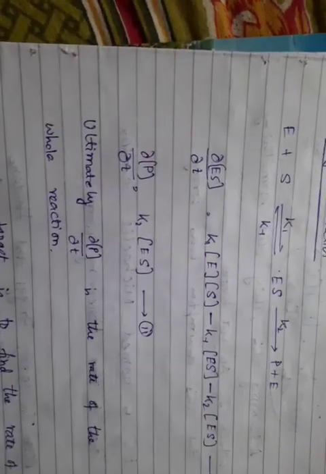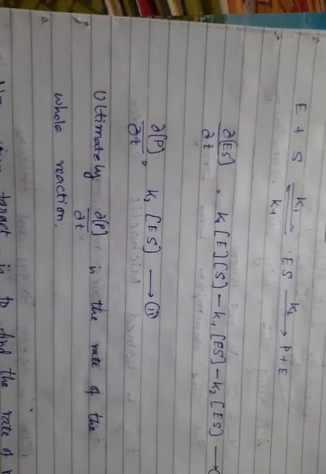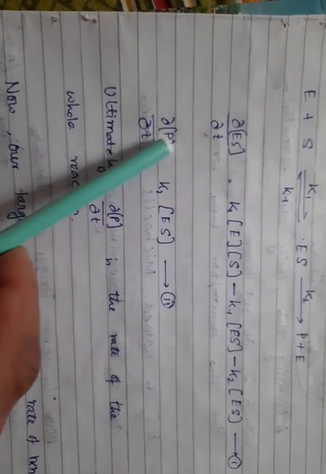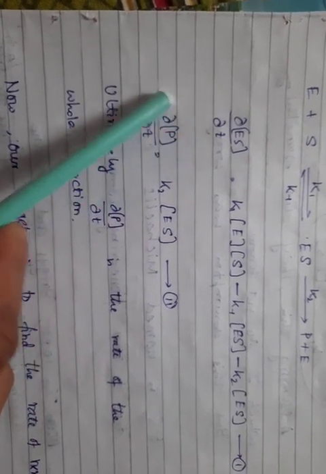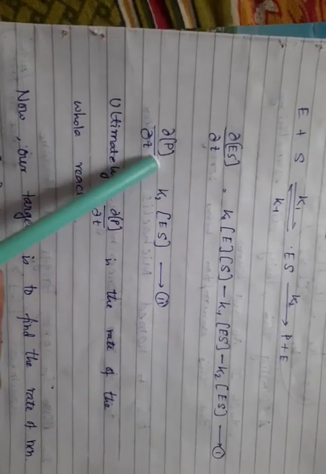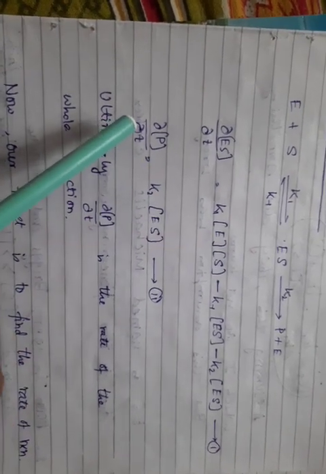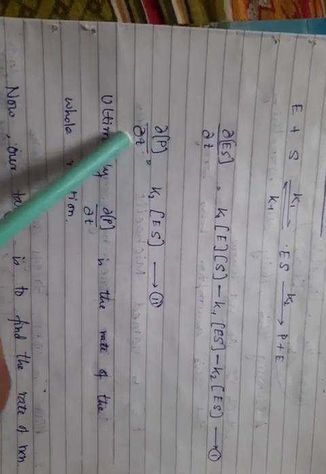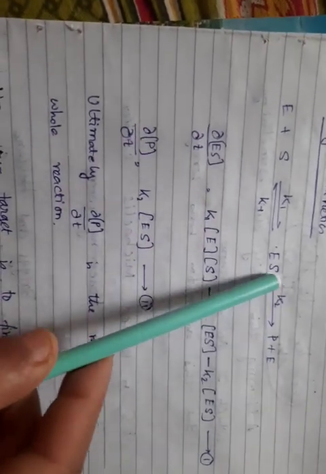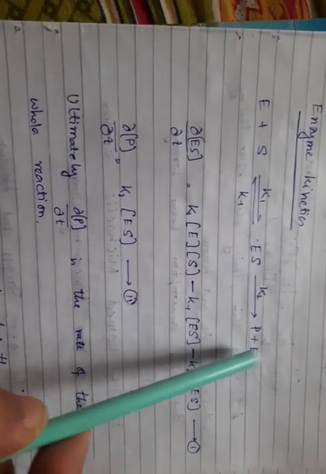Ultimately we need to find out this one, because this one indirectly tells us about the rate of the whole reaction, because this is a product. At what rate the product is formed tells us about the rate of the whole reaction. Its formation is related to this one, because it is a reactant in this case, that is forming this.